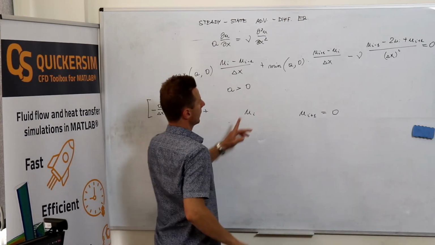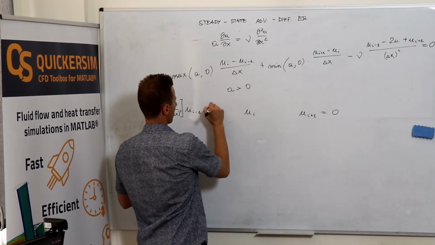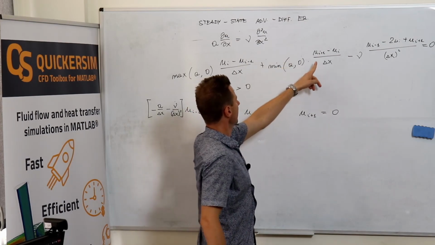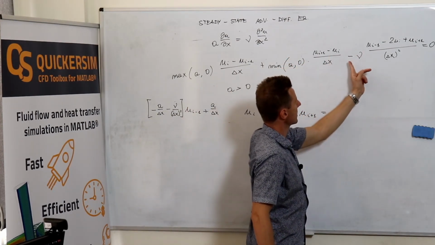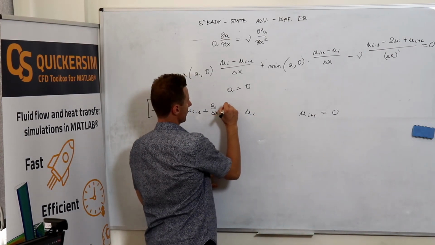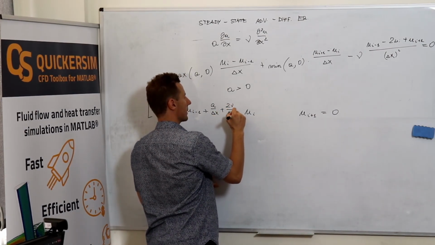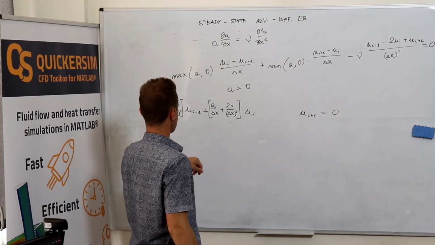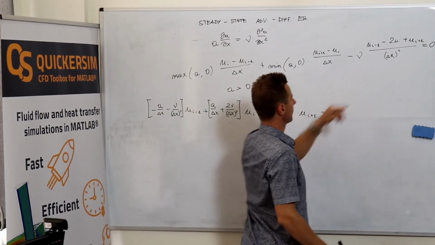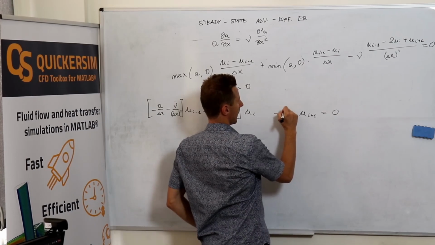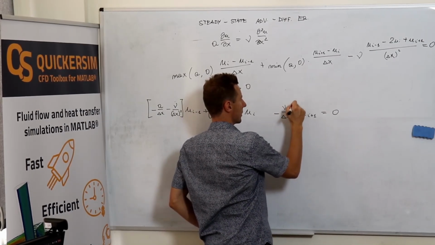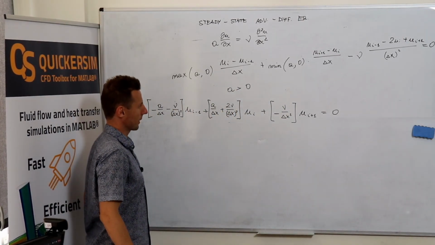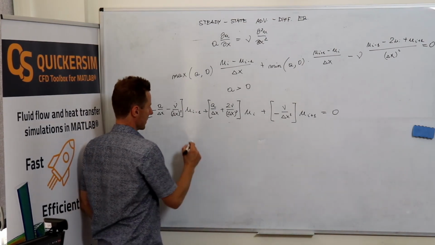Then u_i is multiplied by a divided by delta x, and this one does not exist, plus 2 ni divided by delta x squared, and here minus ni divided by delta x squared. A stupid way of writing that, but right now we've got the coefficients for the matrix.